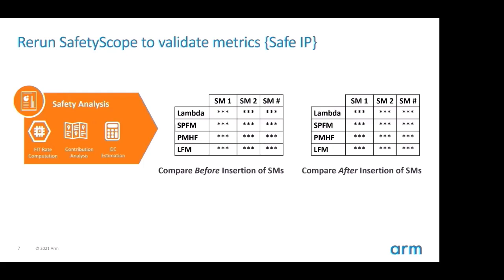So again, we take that now safe design, we rerun safety mechanism and rerun safety scope to check how the actual functional safety metric, for example, SPFM permanent or SPFM transient, compares with the earlier prediction from the what-if analysis. So then we have the before and after comparison.